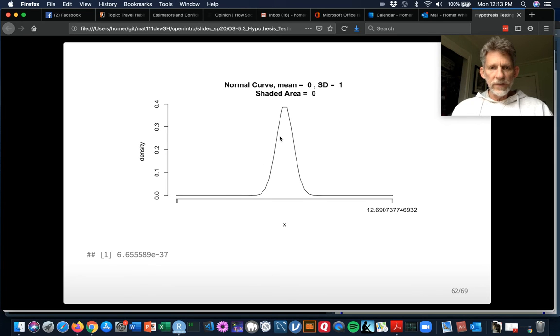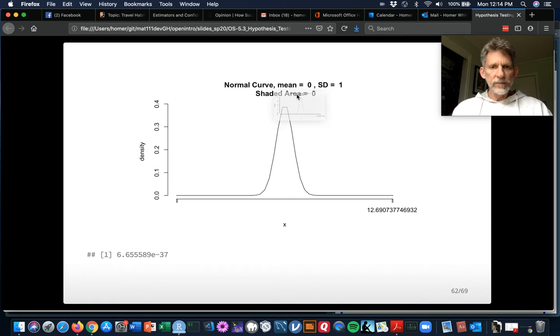So you get that standard normal curve, and then poor old R, it's having to draw a minus 12.6 up to a 12.6. So that's way, way, way far out in the tails of this standard normal curve. The total area under the standard normal curve outside of those two values, minus 12.6 and 12.6, is so tiny that you just can't even see it as a shaded area.